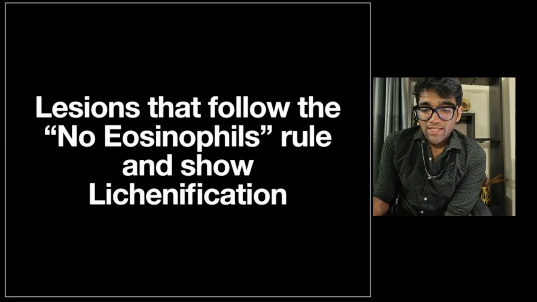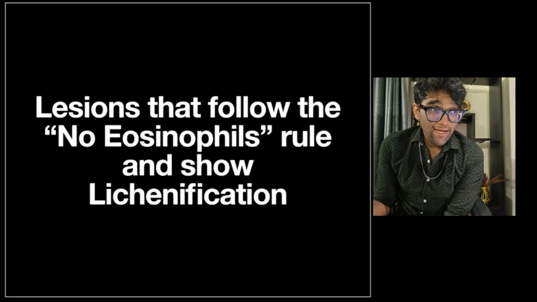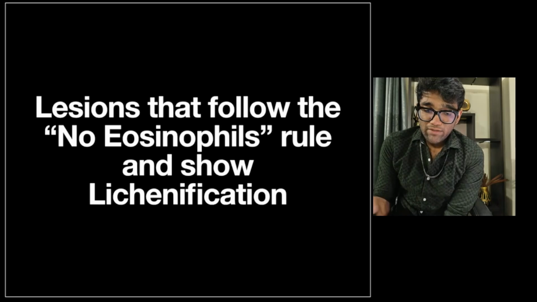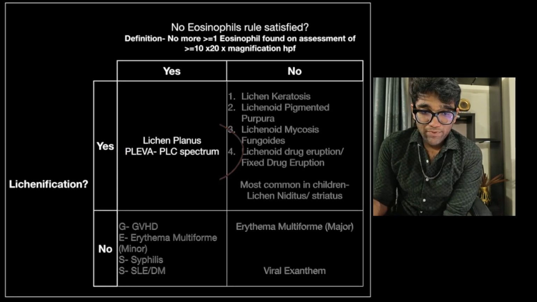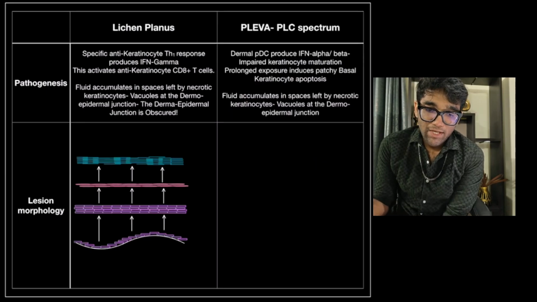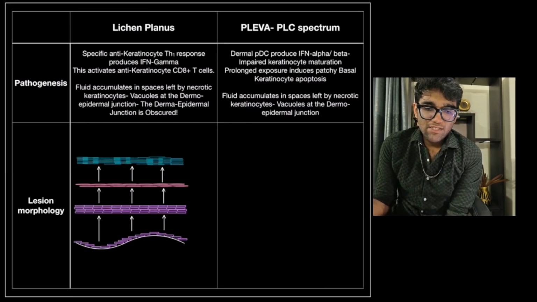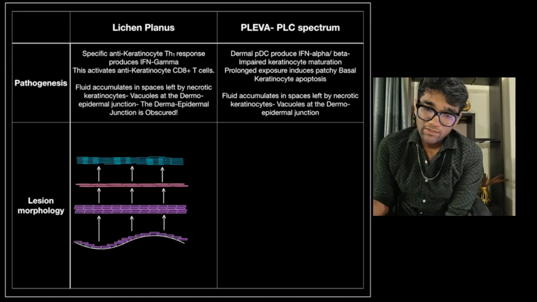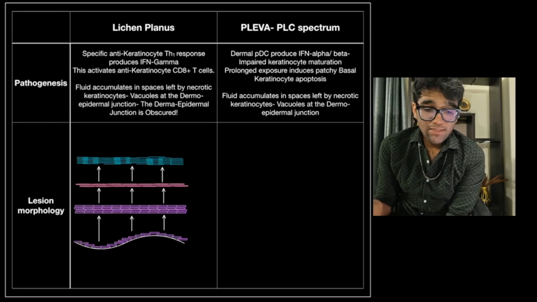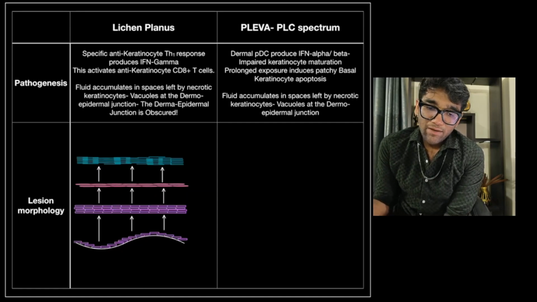So lesions that follow the no-eosinophils rule and show lichenification would be these 2 disorders. Okay, so let's see what happens here. Lichen planus, we've already discussed, is a specific anti-keratinocyte Th1 polarized response producing interferon gamma that causes CD8 plus T cells, which are anti-keratinocyte, to get activated.